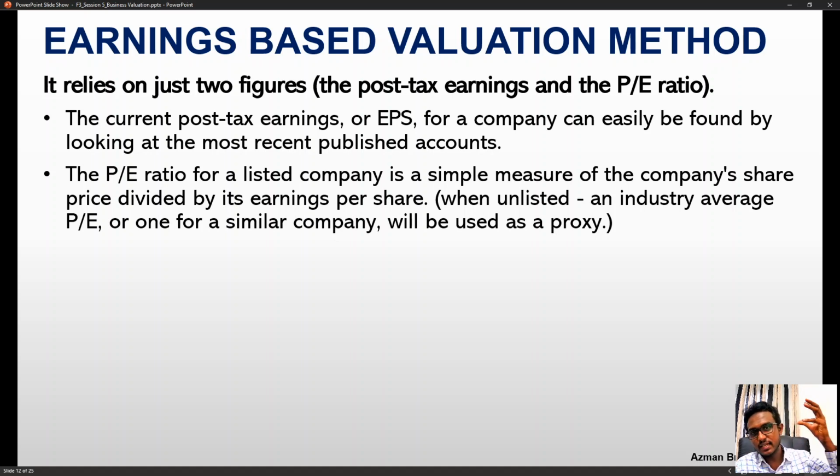So that's basically MPS divided by EPS, market price per share divided by earnings per share, for which you need a market price. That is why I mentioned that if it's a listed company, it's very easy because the market price is readily available. But when unlisted, an industry average PE or one for a similar company will be used as a proxy.